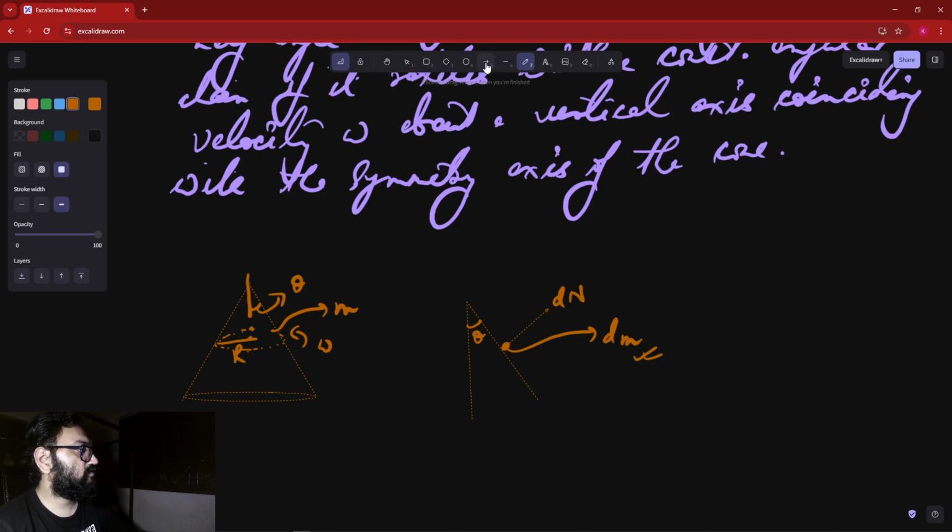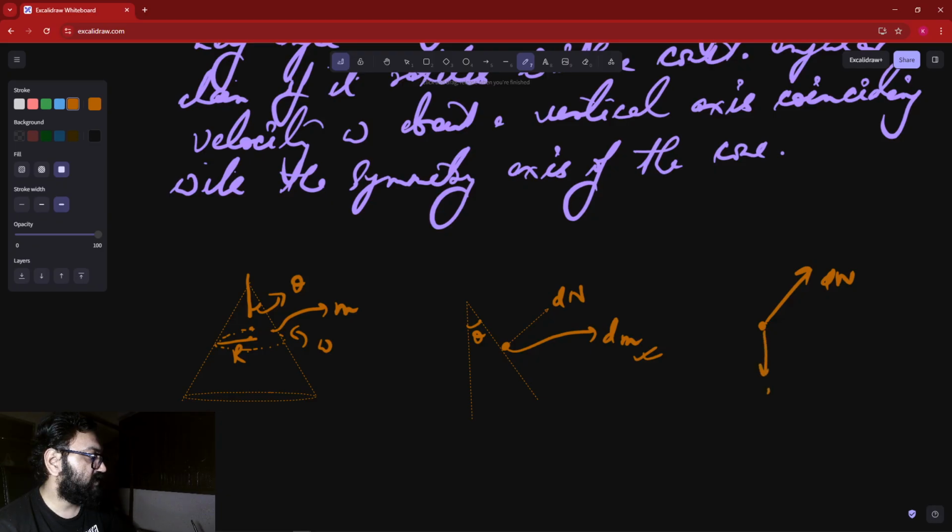So if I draw the FBD for this mass dm, there is one force dN acting, not in the vertically upward direction, but perpendicular to the surface of the cone.